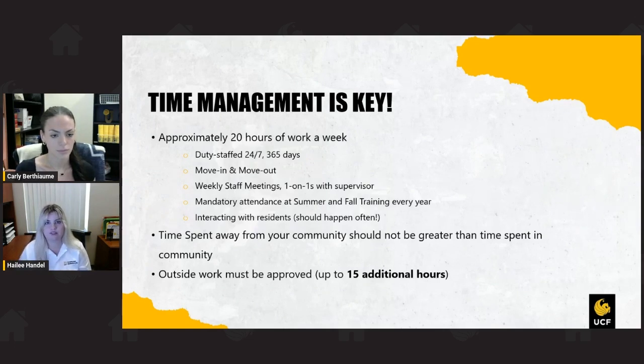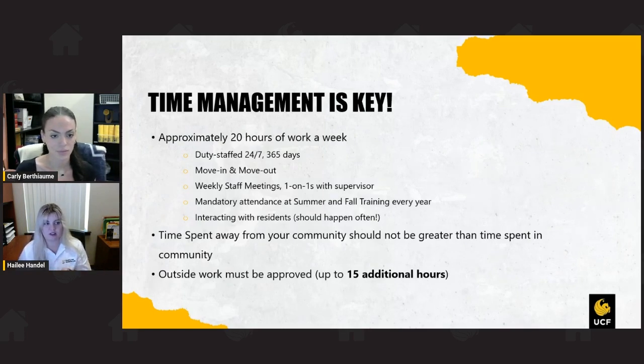Then you add on top of that your RA duties in terms of having those roommate mediations, community events, community conversations with your residents on your floor. And then you also have mandatory attendance at your fall and summer training every year, and interacting with your residents, which of course should happen often. So that's kind of how those 20 hours are made up.